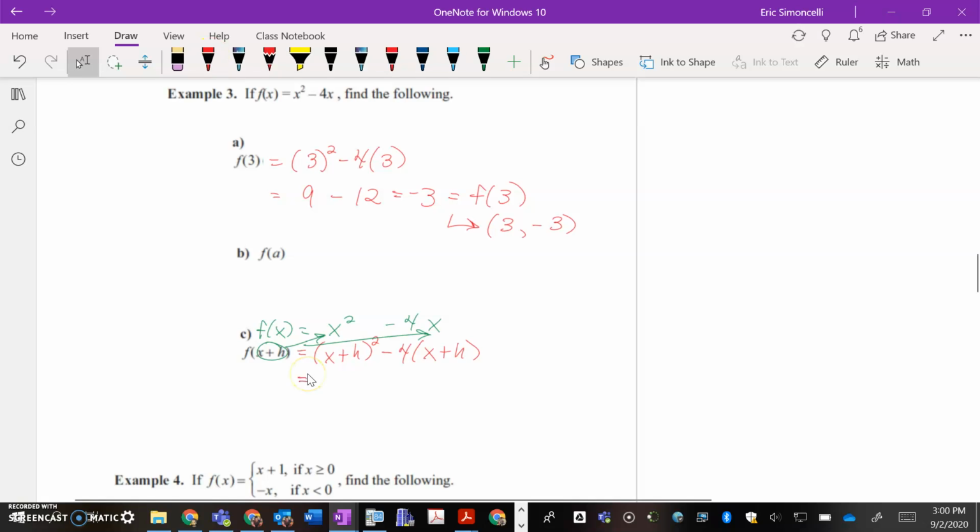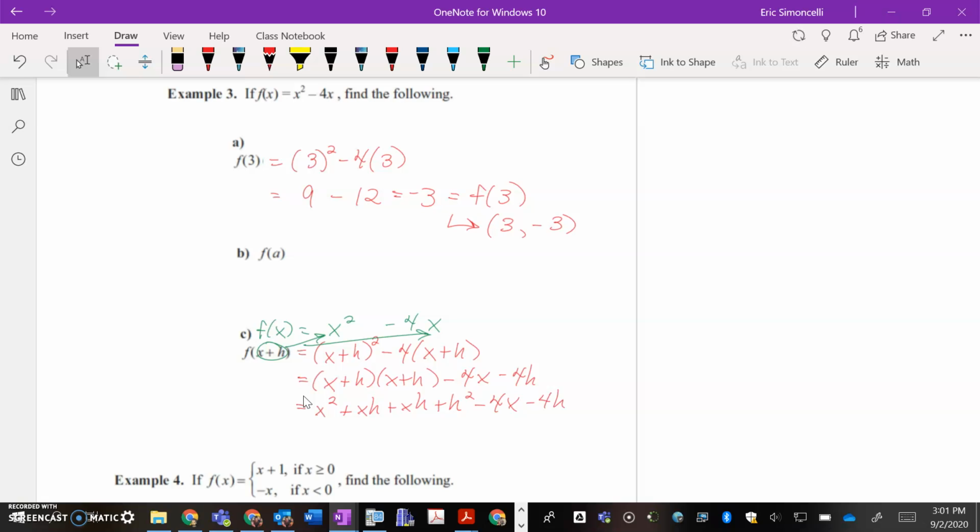Okay, so the algebra will get a little bit tedious here, so let's take a look. X plus h quantity squared, we do need to FOIL, so let's write as such. And then minus, if I distribute the 4, we get minus 4x minus 4h. FOILing first, outside, inside, last, and then still minus 4x minus 4h.